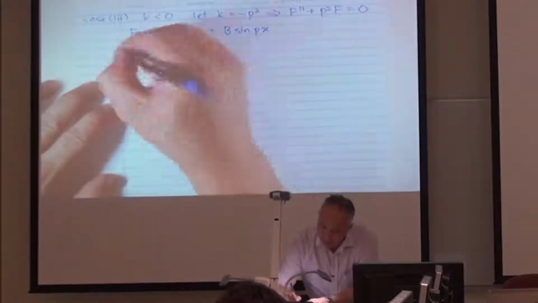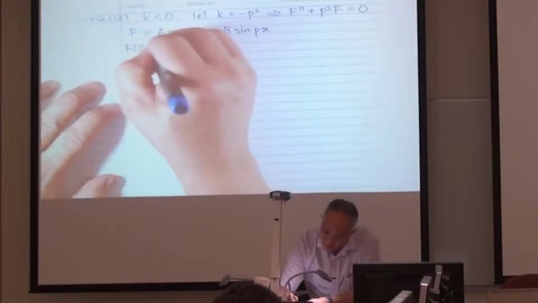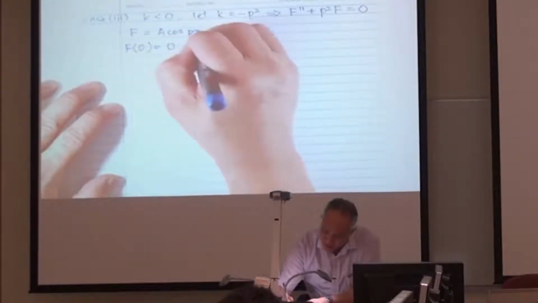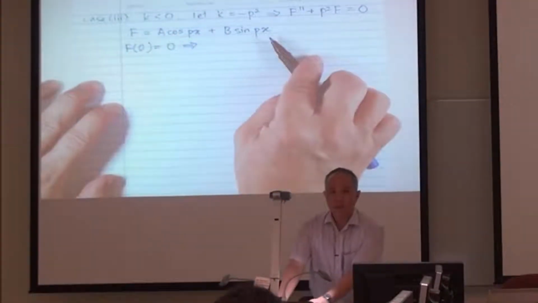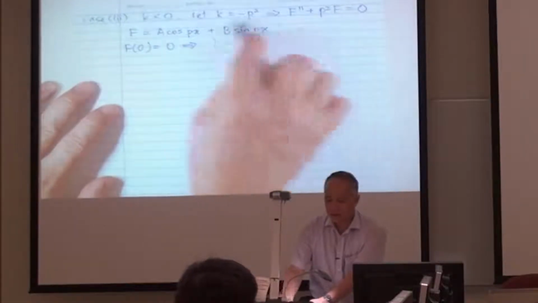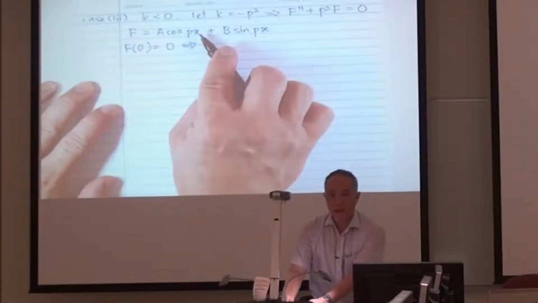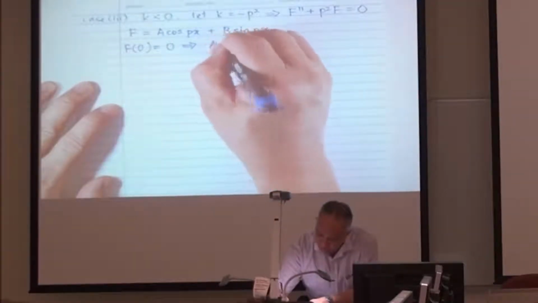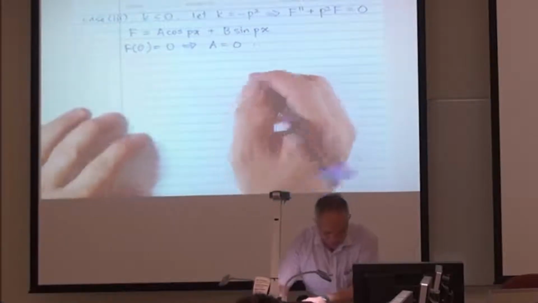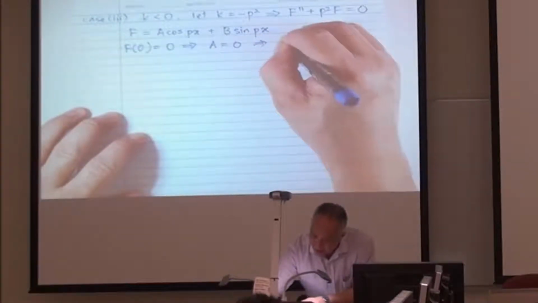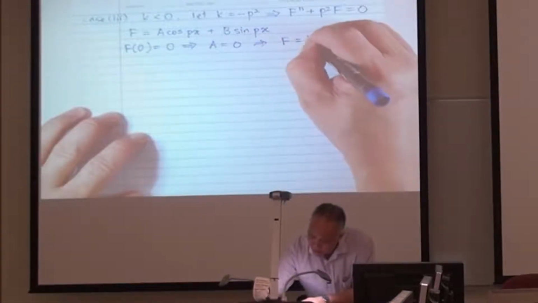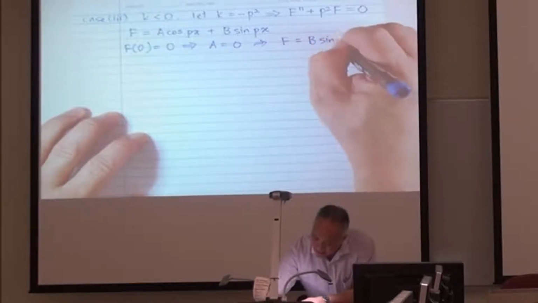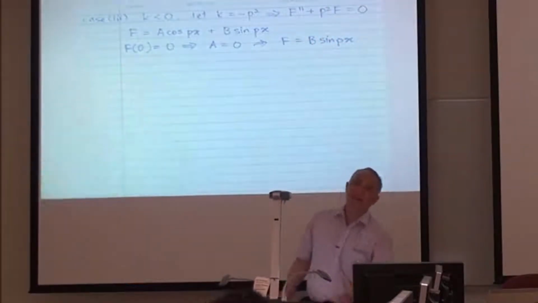So very quickly, if you apply the boundary condition f at 0 equals 0, put x equals 0 here, this term disappears. Put x equals 0 here, cos 0 is 1. So I have a equals 0, which means that now I can write down f is equal to b sine px.